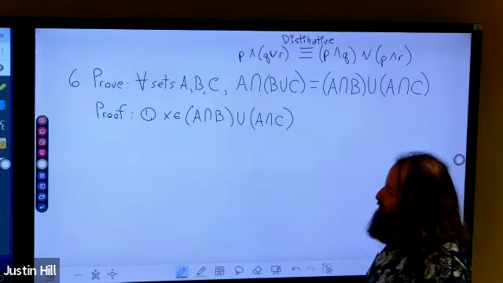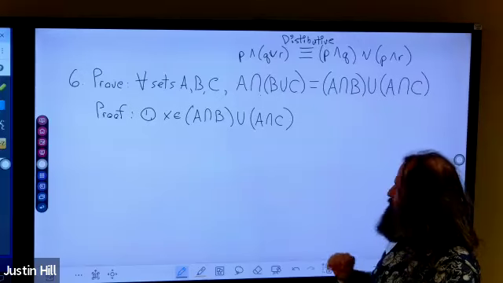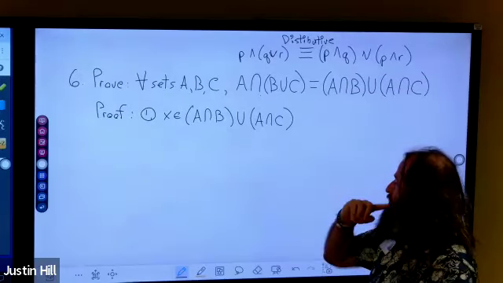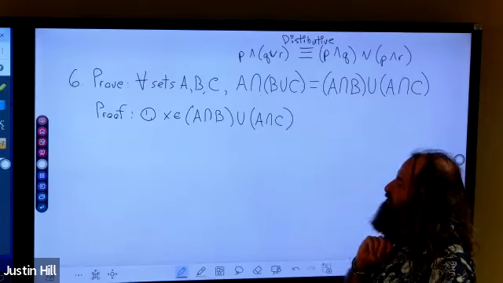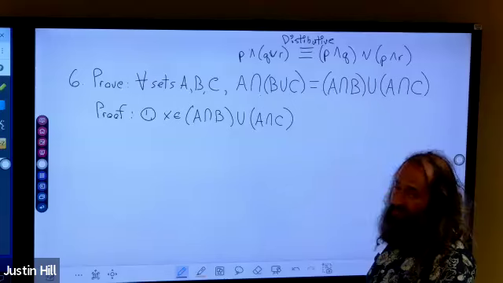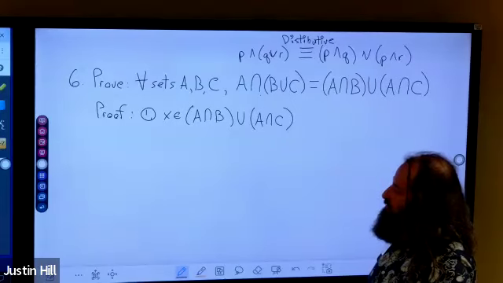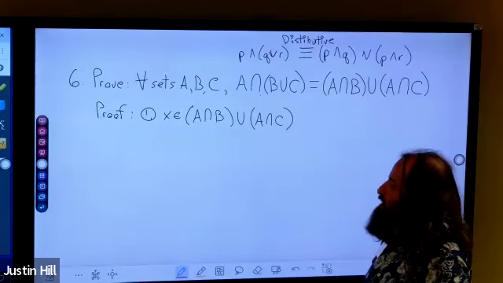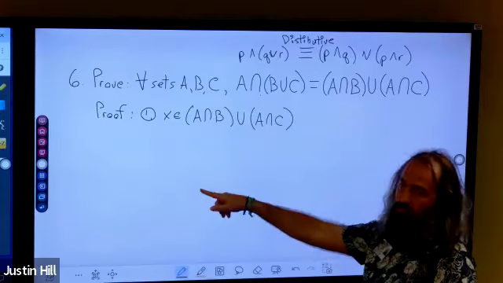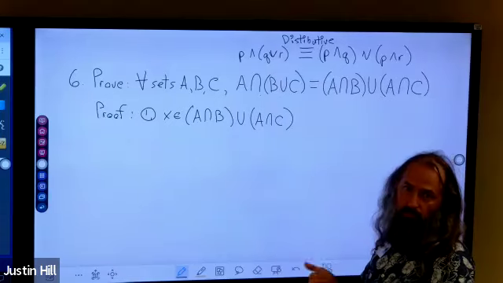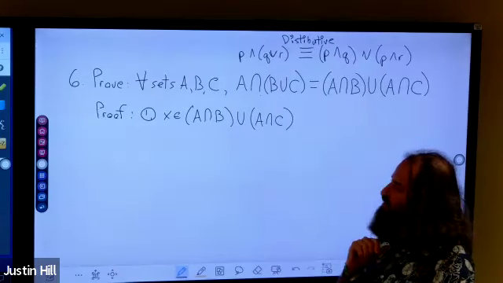Now let's go back. She starts, but we know that this is where we're trying to get to, but we know definitely that X is in A intersect B union C. So by definition of intersection, X is in blank and X is in B union C. Notice this should seem familiar from what we did on that first reading assignment.